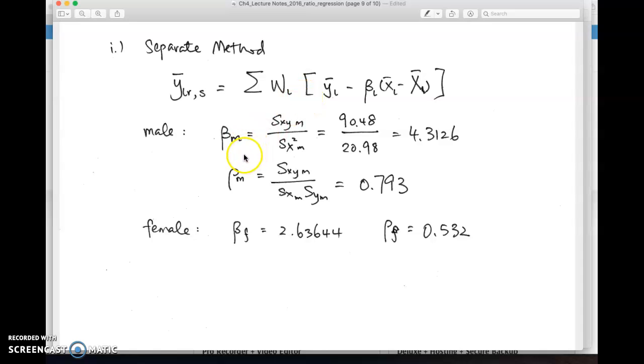Okay, so under the male group, the beta is SXY divided by SX squared, so it's about 4.3126. For the female group, it's around 2.63644. We can see from the very first observation that the beta for the male group is quite different from the female group. So we can say that they are quite different strata.